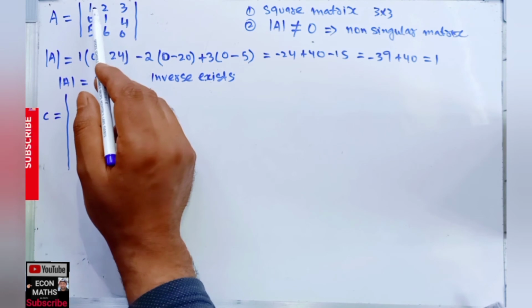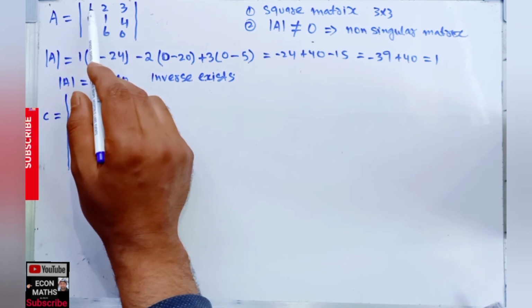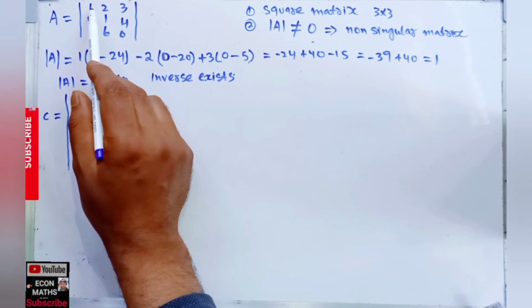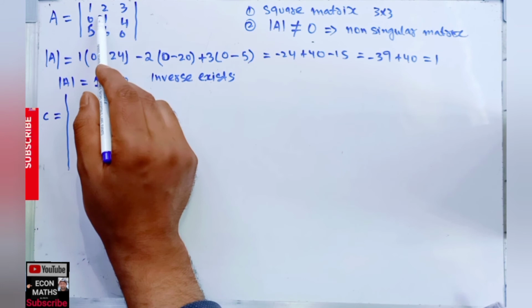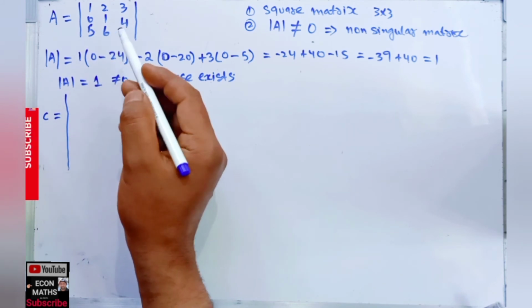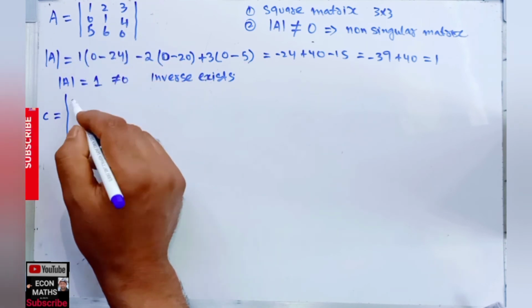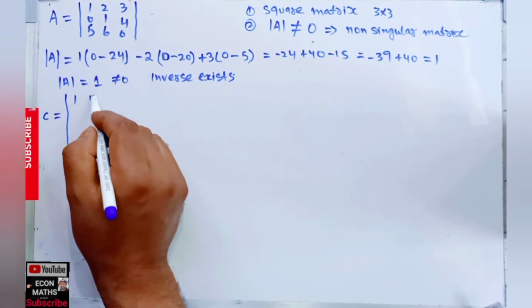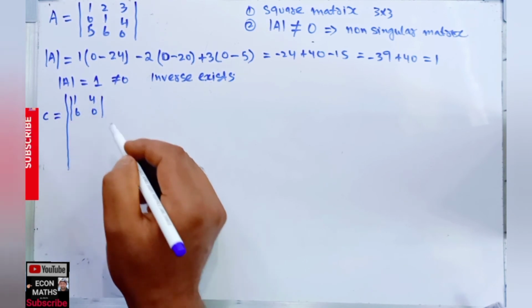We take the first element here, that is 1, delete the row and the column in which it appears, and take the determinant of the remaining elements. This will become the first cofactor, that is 1 4 6 0. So I will write 1 4 6 0. This is the first cofactor.